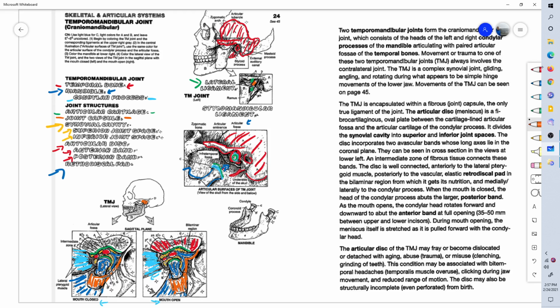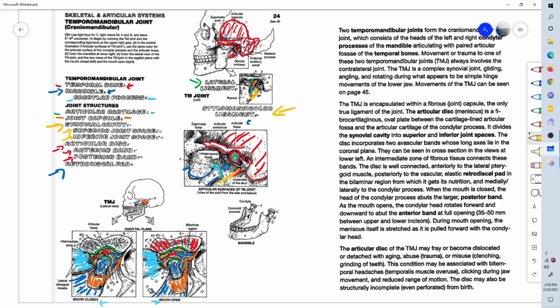And also, the stylomandibular ligament coming off the styloid process and attaching to the mandible. The stylomandibular ligament. So it's creating yet another connection from the temporal bone to the mandibular bone.